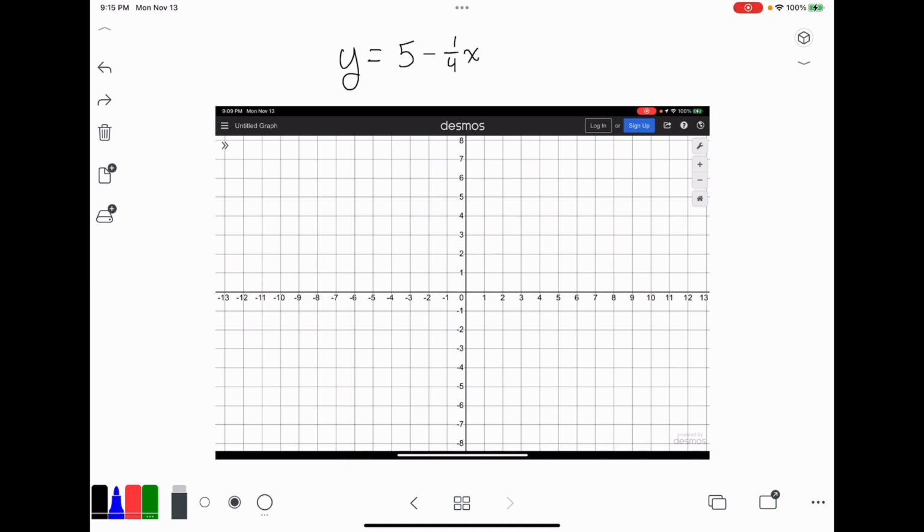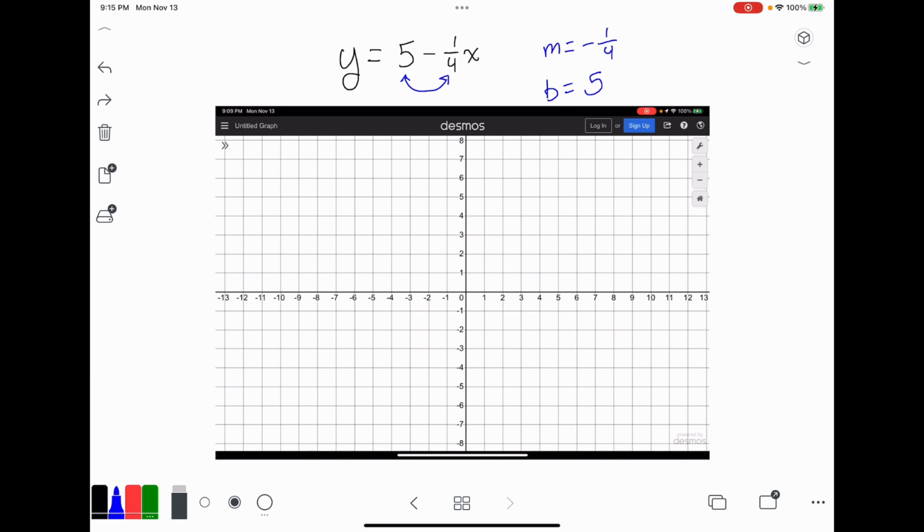So notice here, it looks a little confusing, but don't forget you can always flip these terms if you want to. So the slope is going to be negative 1/4, which it's already a fraction, so we know the rise and the run. And the y-intercept in this case will be 5.